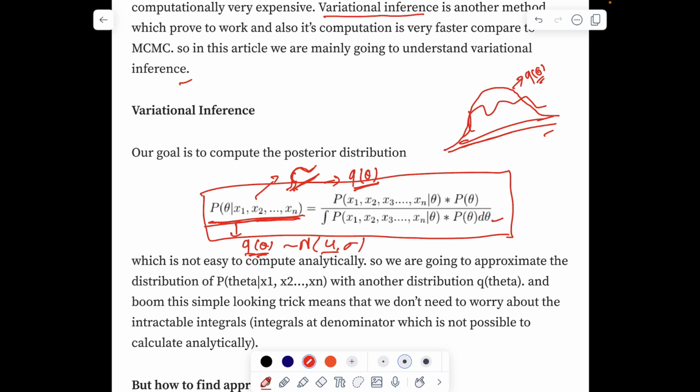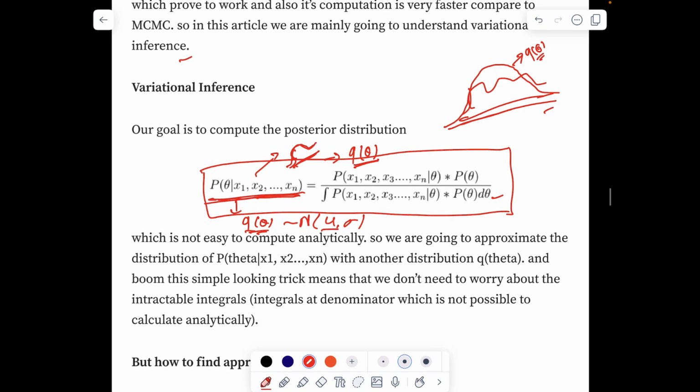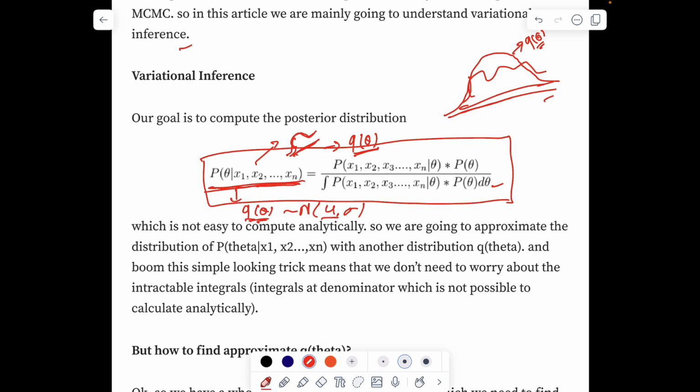Now it's not exactly going to be this, so obviously it's not a perfect solution. It is just an approximate solution. Variational inference is going to give you an approximate solution of this posterior.